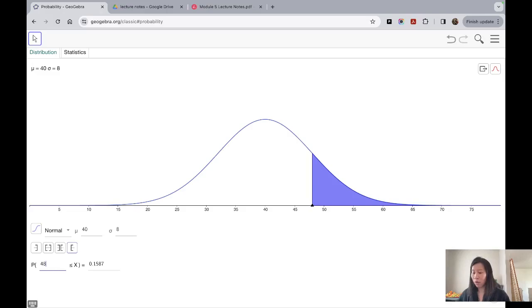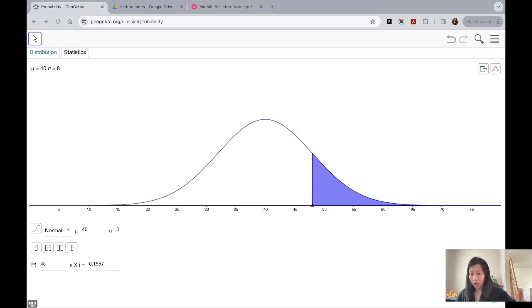So you might notice that what we calculated in the last video, using the empirical rule and symmetry, we got 16%. The empirical rule is approximate. It just gives you an estimate. They round it up, but in GeoGebra, they give you the precise answer.